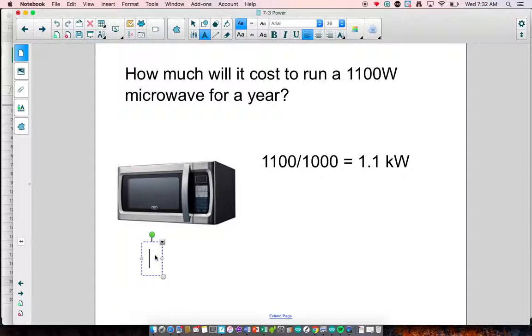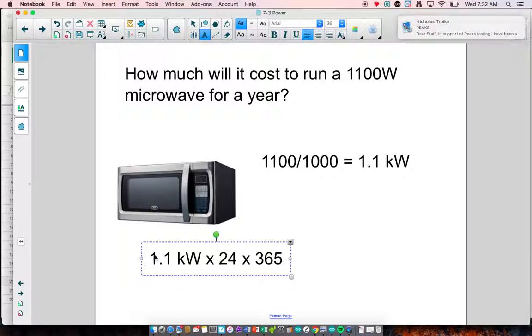Okay, for 1 year solid, you would do 1.1 kilowatts times the number of hours you're going to use it. So there are 24 hours in a day times 365 days in a year. And so your final number here is going to end up being 24 times 365 times 1.1. Whoa, that's really big.